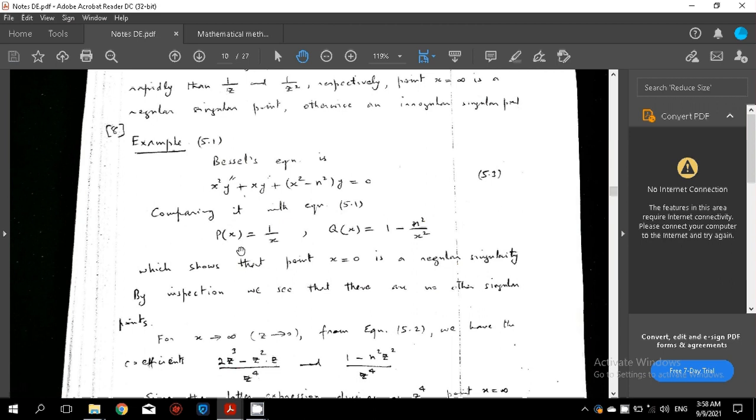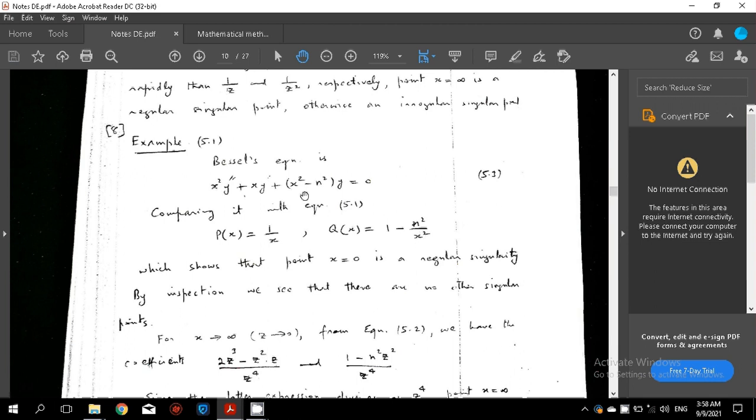So here I have discussed, so we have to divide this equation by x square, so that the coefficient of y double dash becomes 1, and when you divide this equation by x square, you get the value of px as 1 over x and qx as 1 minus n square over x square.